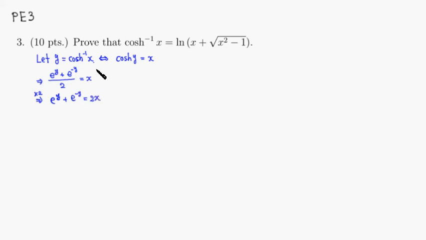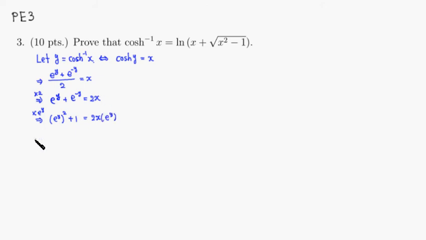Since I don't like to have a negative power, an easy way to get rid of it is to multiply through by e to the y. This way you have e to the y squared. E to the y times e to the negative y are reciprocals of each other, so you're just going to get 1. And then you have 2x times e to the y.